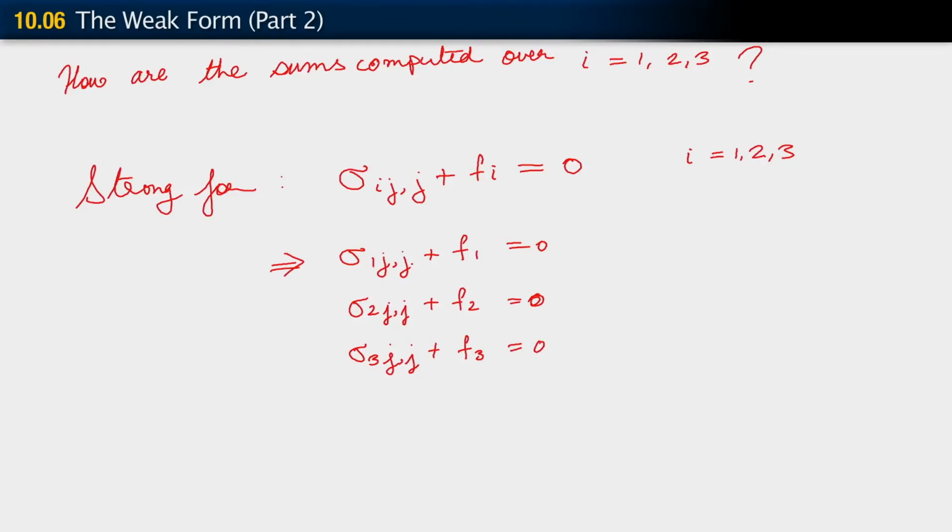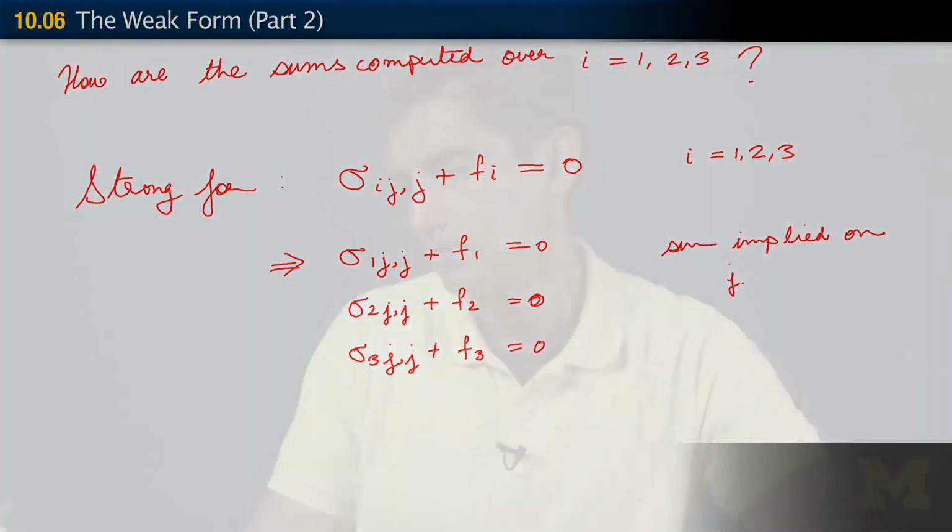Now in each of these, when I say j comma j, there is a sum implied on j. That statement is an irony, because the moment you put it down, the implication is no longer implied. It becomes an explication. So anyway, this is what we have.